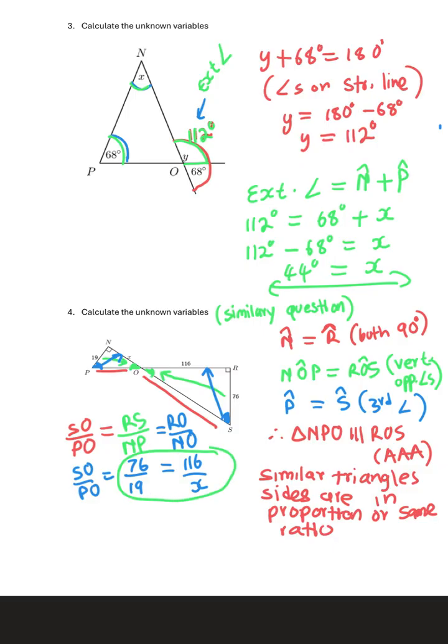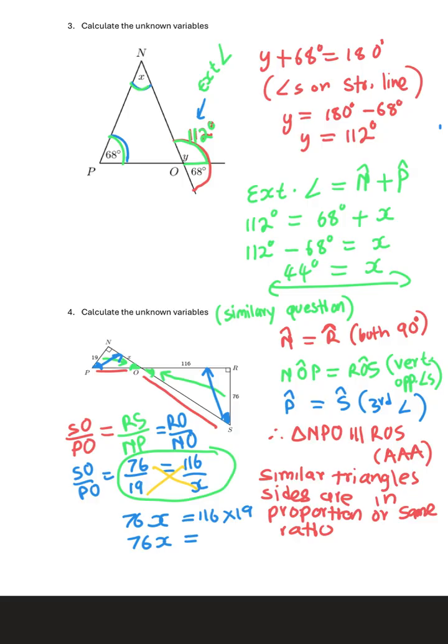And then now we can solve for X. When we solve for X, we do cross multiply. Then we're gonna have 76x is equals to 116 times 19. 116 times 19 is how much?